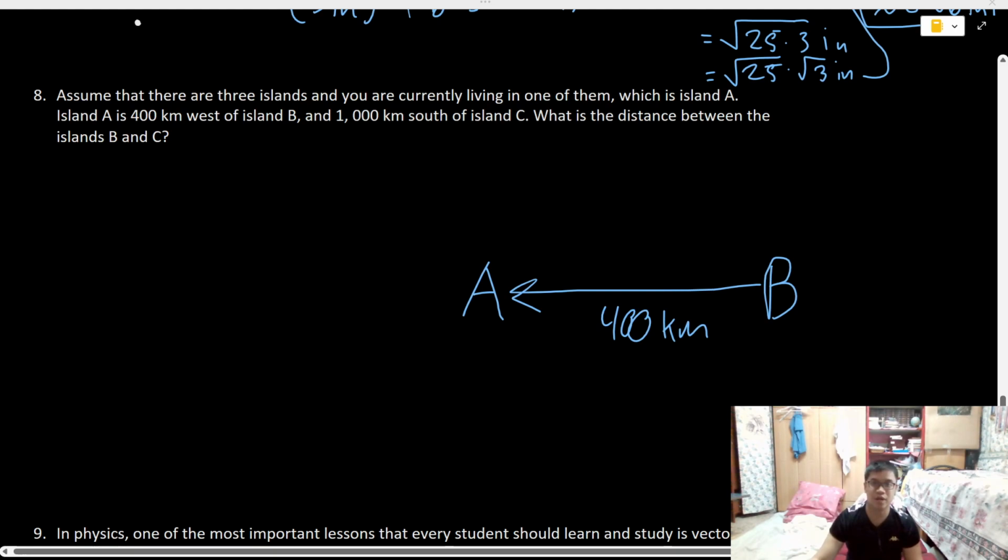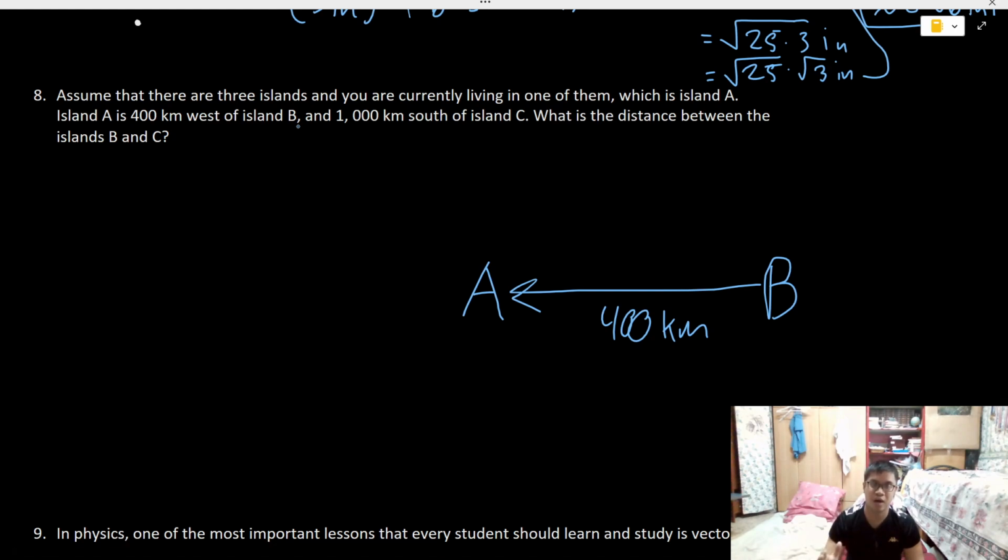You get my point, guys. In island B's perspective, if island B would look to the left, that is island A.